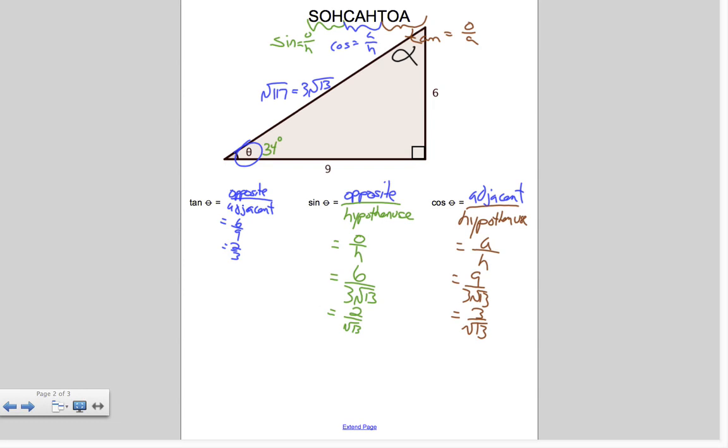Of course, this is all with the caveat that your triangle has to be what? It has to have a 90-degree angle for these trigonometry functions to work. Nick, you mentioned those in your calculator, the 2 over root 13? You just do 2 divided by root 13 and then take the inverse sine of that.